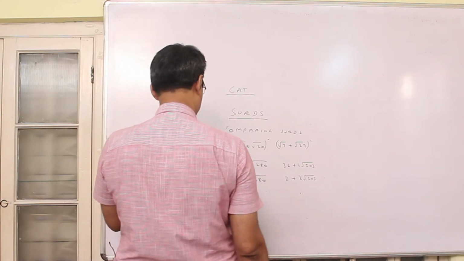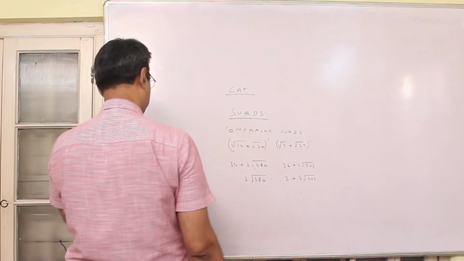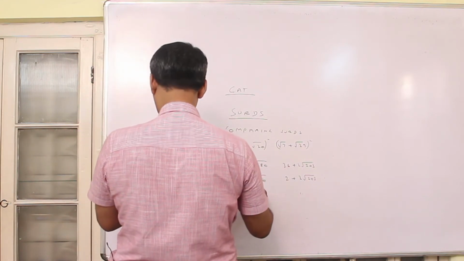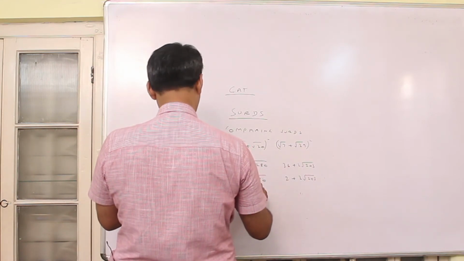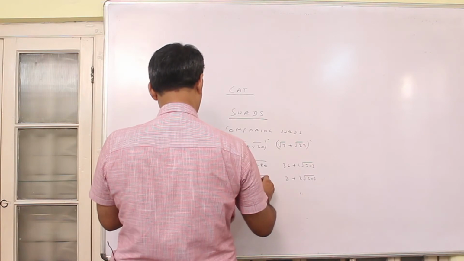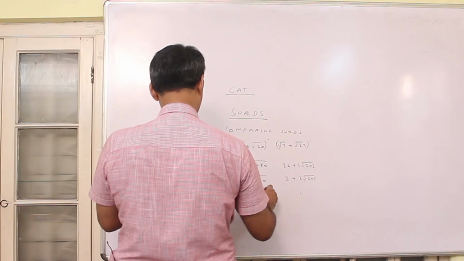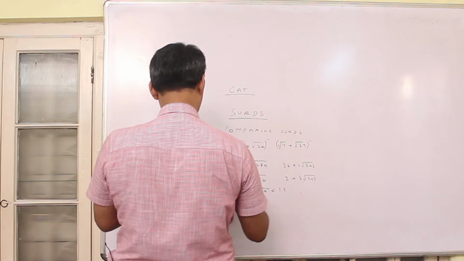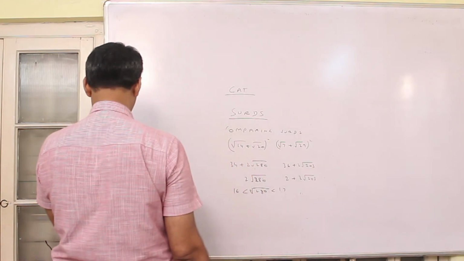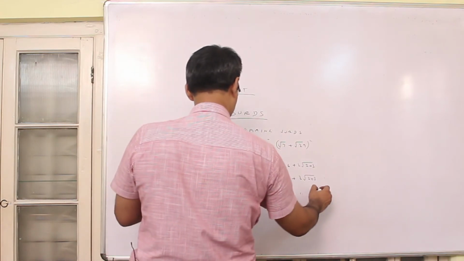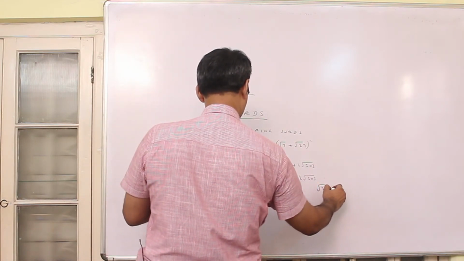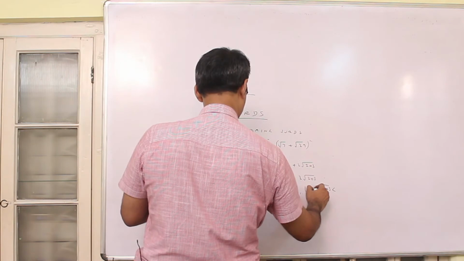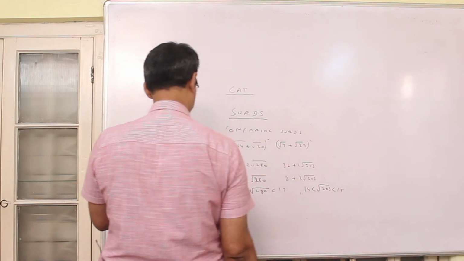these two. So to compare these two, what you can do is that you can use one calculation: root 280 will lie between 16 and 17, and root 203 will lie between 14 and 15.